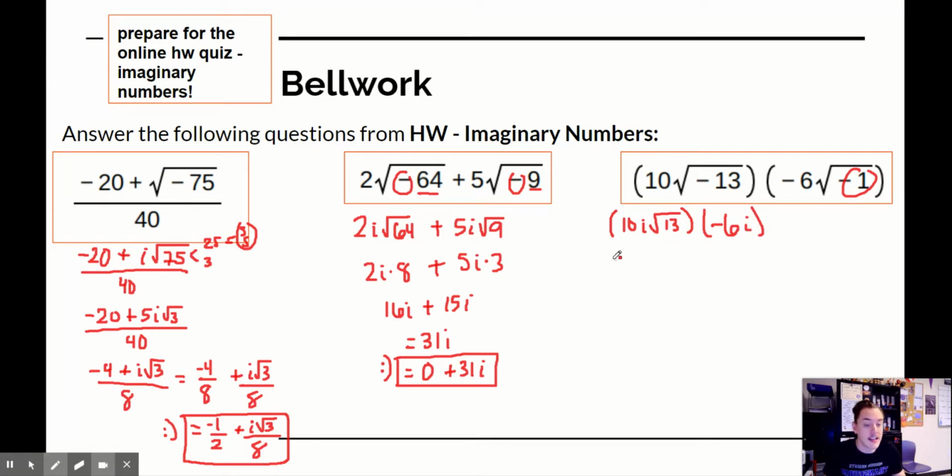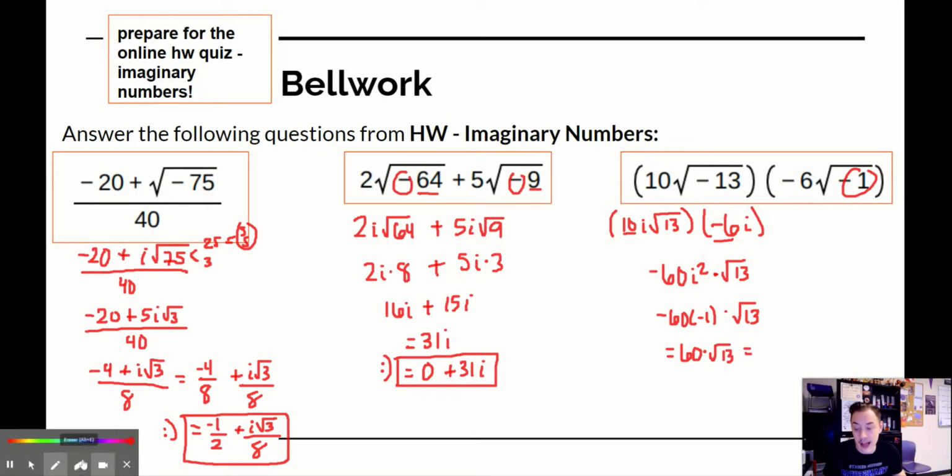So I have that, and now I'm going to multiply together. 10 times negative 6 is negative 60. i times i is i squared, and then times radical 13. And so i squared is a negative, so negative 60 times negative 1, and then times radical 13, which reduces down to, of course, 60 times radical 13, which equals that.